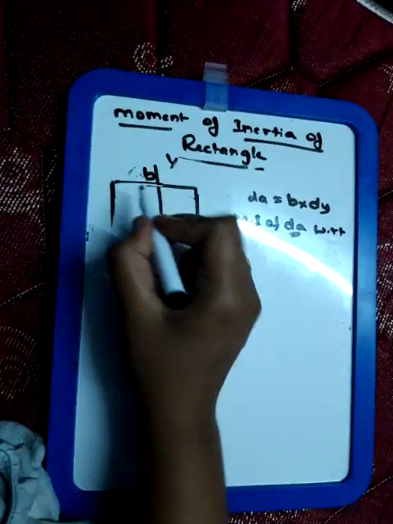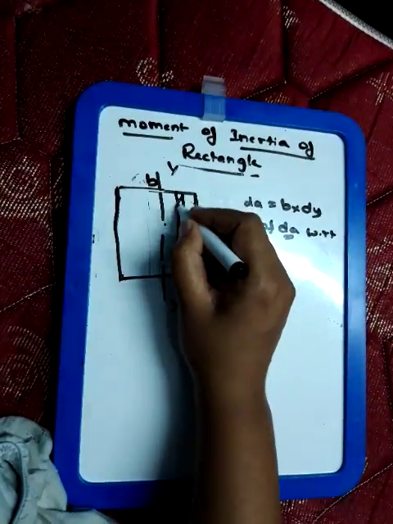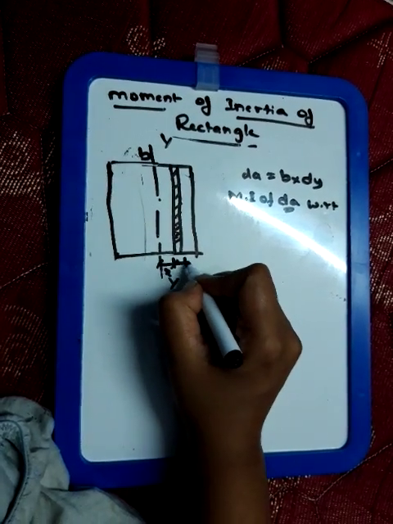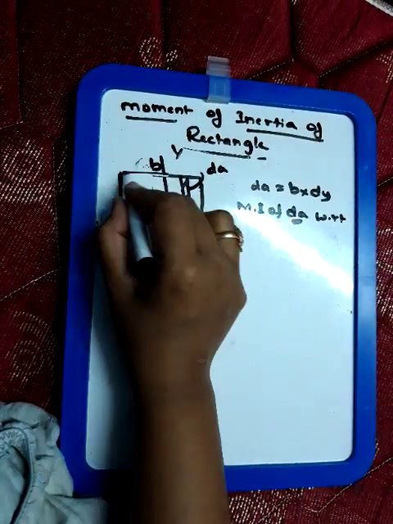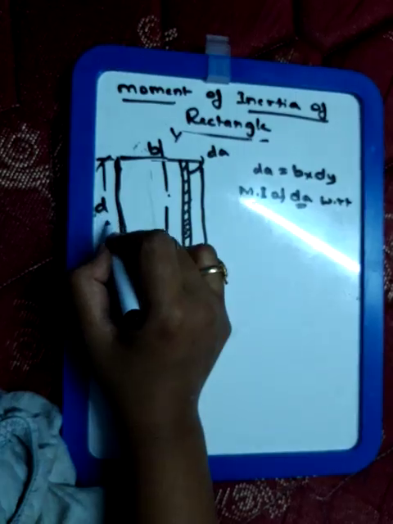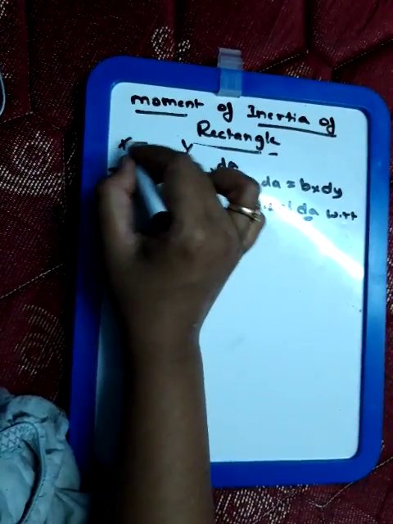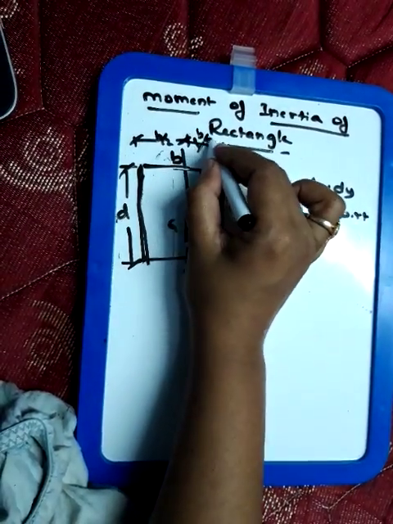Anywhere you can consider it, no problem with that. This is x and the thickness is dx and the area would be dA. This is d, and here is the centroidal axis, so here it is b by 2, and here also it is b by 2.